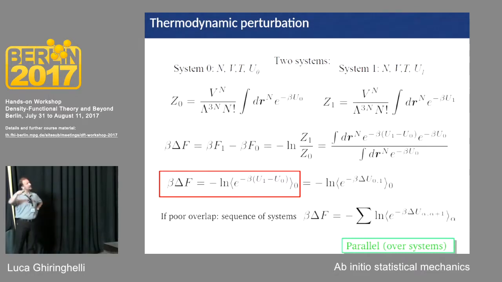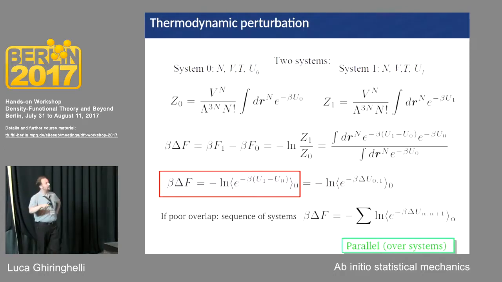But by doing this simple manipulation, one sees that this difference in energy can be interpreted as what? The expectation value of this quantity here in the ensemble defined by U0, because you have the Boltzmann factor and the partition function here. So this logarithm of the expectation value of e^(-beta delta U) measured in system 0 is the difference in free energy between 0 and 1.